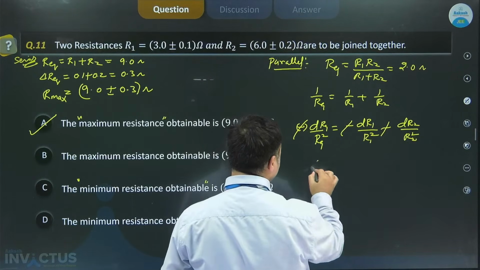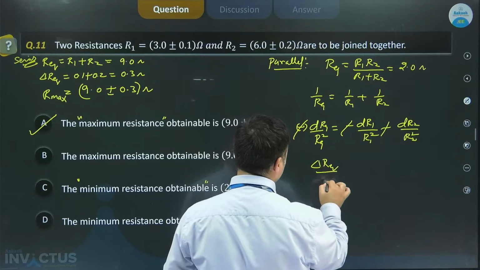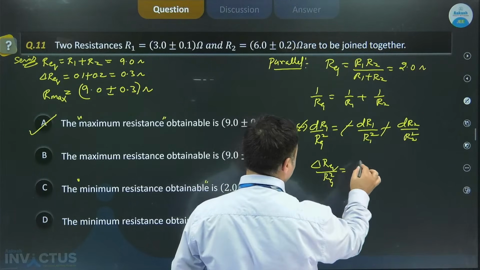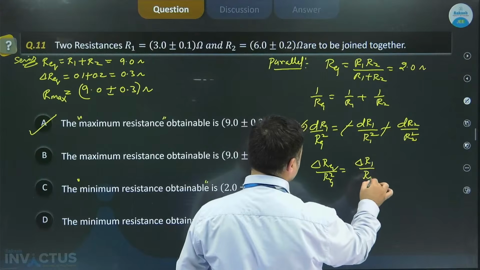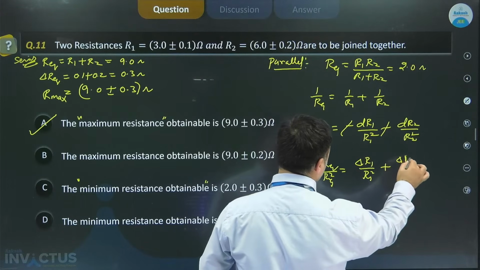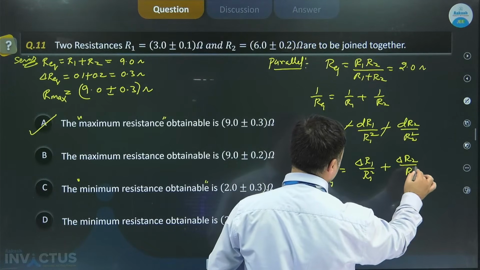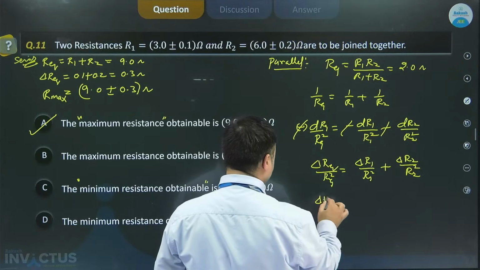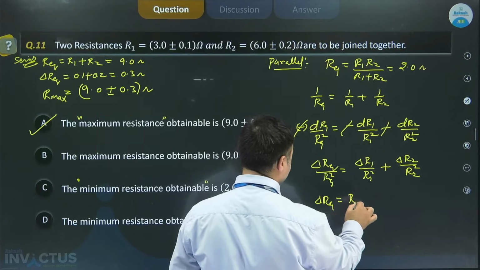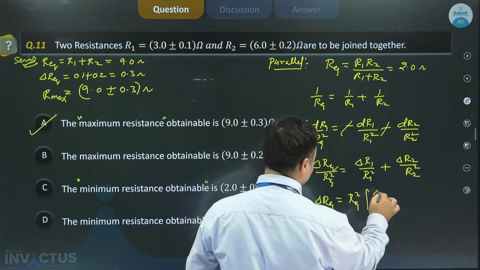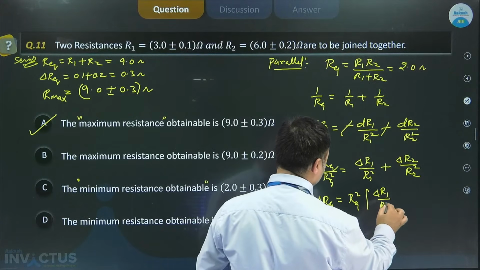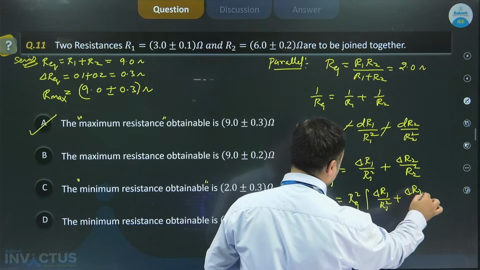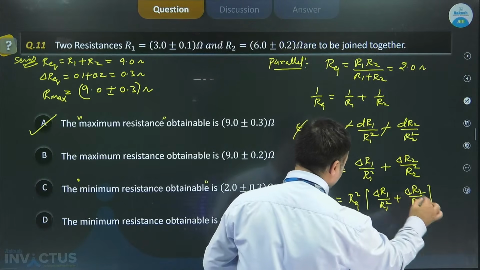This can be written as delta R equivalent upon R equivalent square is equal to delta R1 upon R1 square plus delta R2 upon R2 square. So delta R equivalent can be written as R equivalent square times delta R1 upon R1 square plus delta R2 upon R2 square.